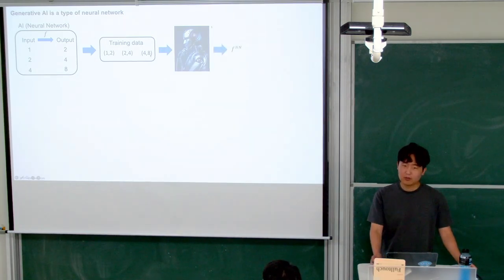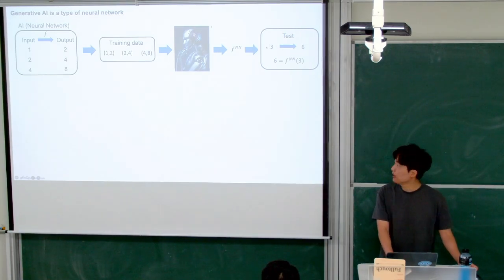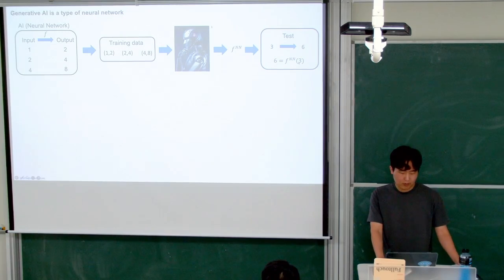Then we obtain an approximate function that the machine trained. After that, we test a new input 3, and this function will give us maybe 6 or something similar to 6. Okay, this is a neural network.